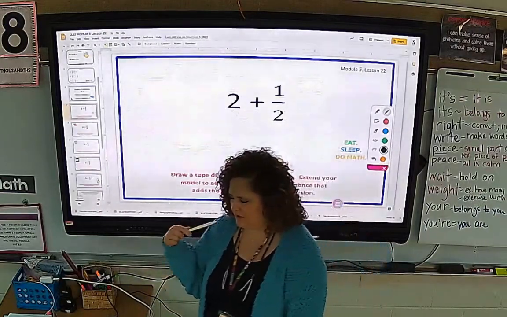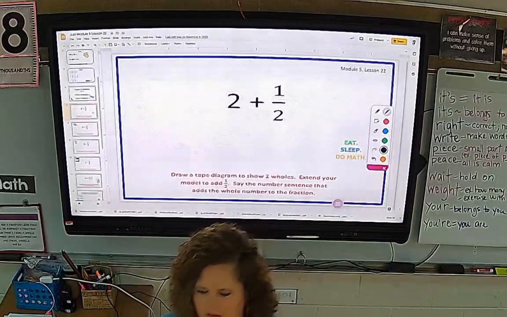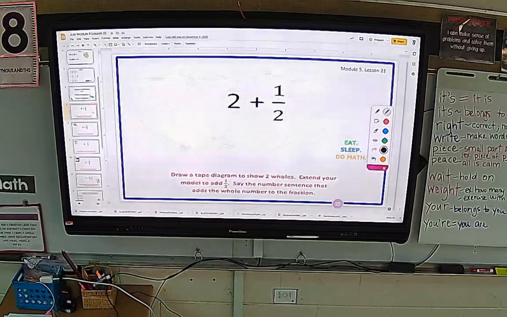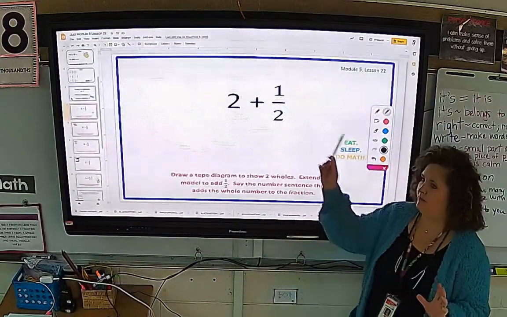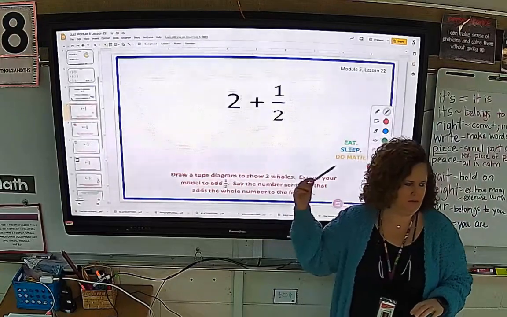What might it look like? Now you are purely kind of guessing right now, but you guys know a lot and could make an educated guess. What might a tape diagram look like to go with this? It's got to show 2 wholes plus 1/2, because you want your tape diagram to be like a picture that shows this happening.